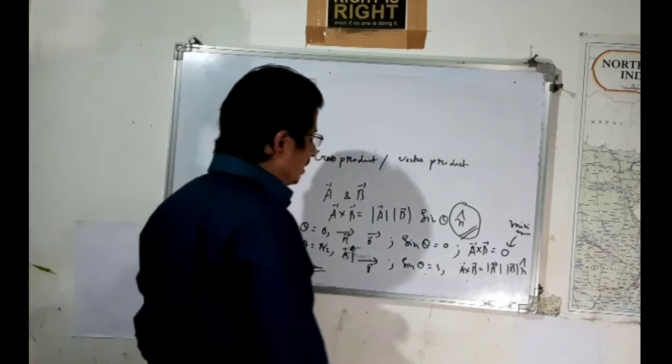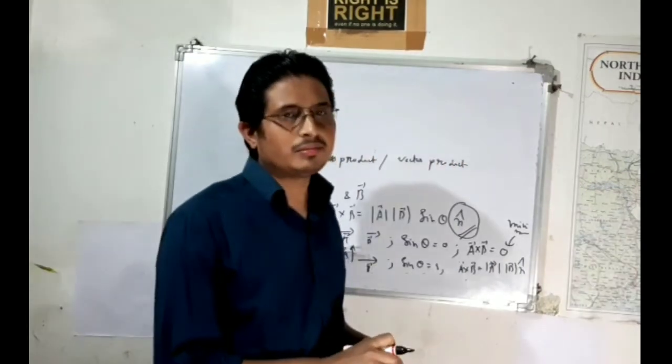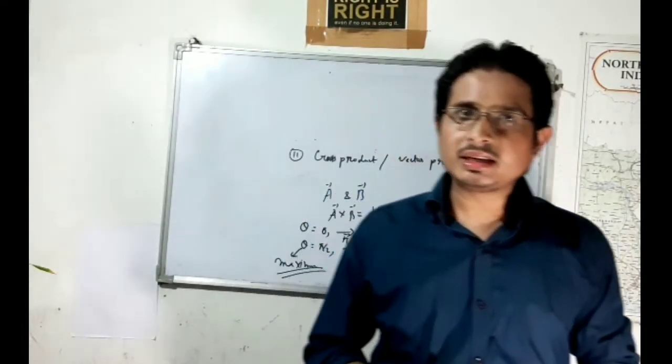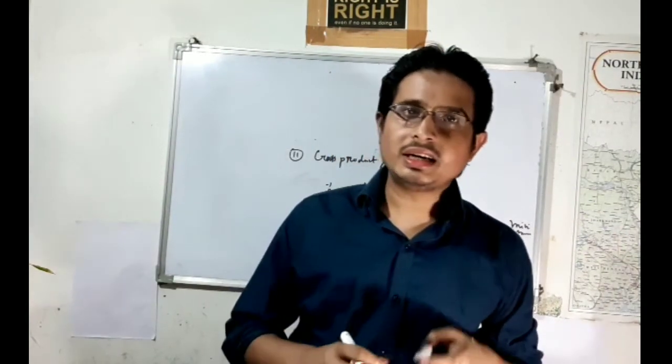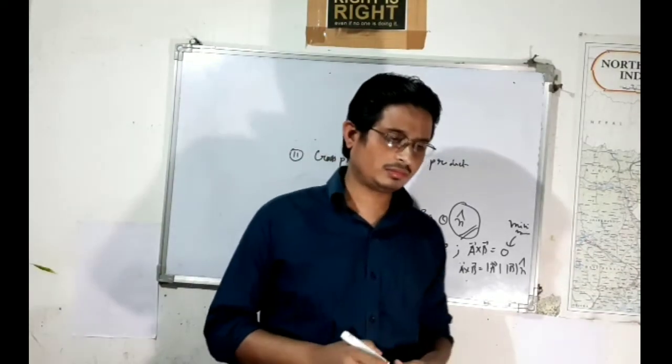That means in the case of the cross product, when two vectors are parallel to each other, their cross product value will be minimum. If they are mutually perpendicular to each other, then their cross product value will be maximum.